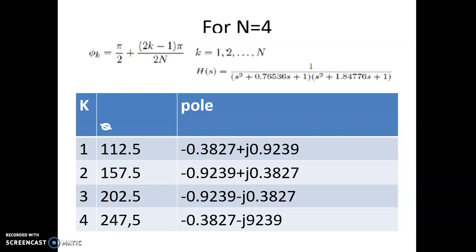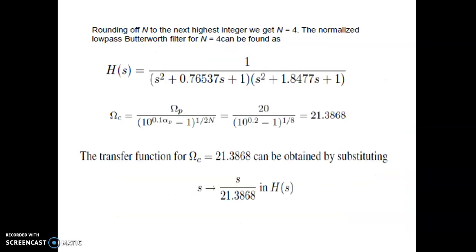Take the cosine of 112.5, it will be minus 0.3827, then take the sine of 112.5, which is 0.9239. Likewise, you obtain all the poles, and from the poles you can obtain the transfer function of the analog filter.